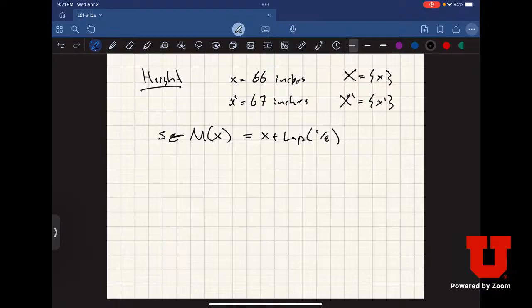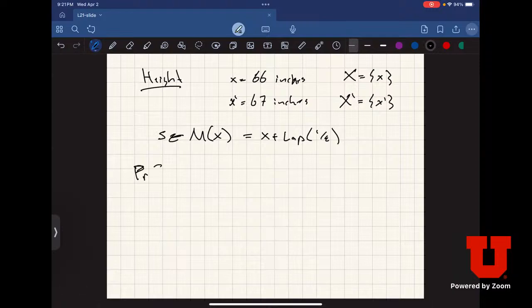If 1 over epsilon is 5, then I'm adding on average 5 inches to the actual height value. So I give out my recorded height plus Laplacian noise of value 5 here.